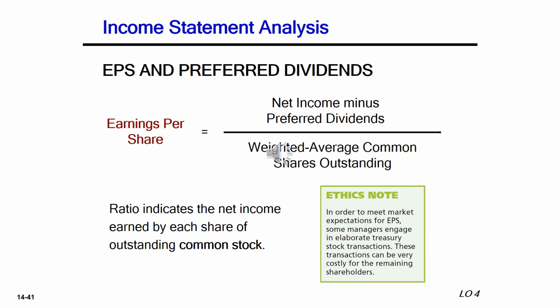Earnings per share would equal net income minus preferred dividends divided by weighted average common shares outstanding. The EPS ratio indicates the net income earned by each share of outstanding common stock. So it's a measure of profitability of the investment in a company.